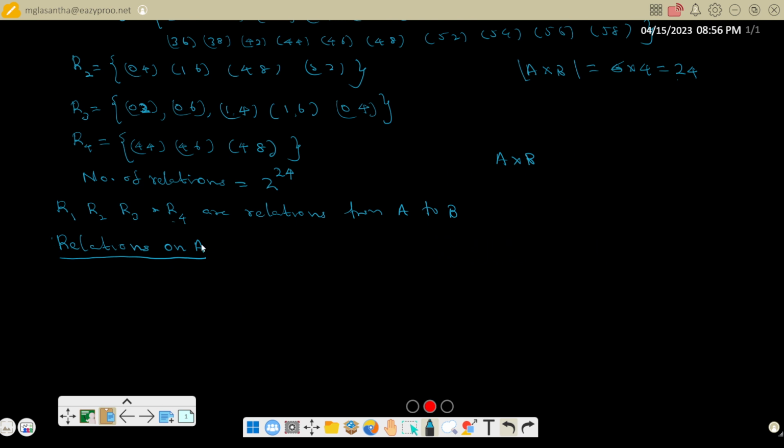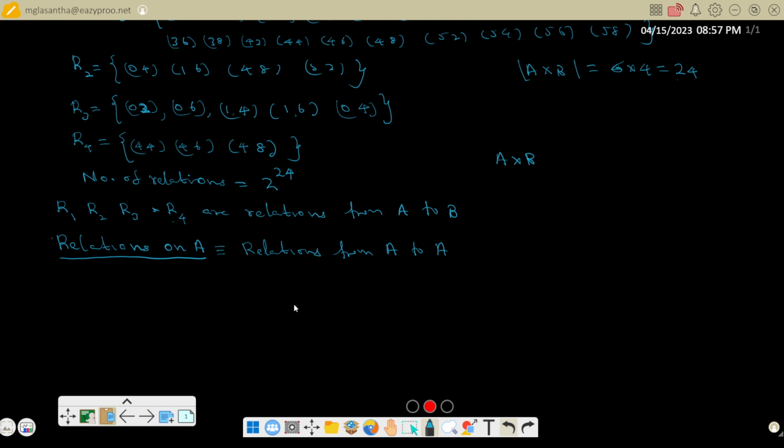You can write relations from A to A. Relations from A to A is known as relations on A in shortened form.